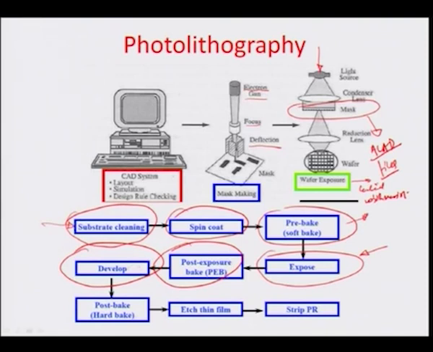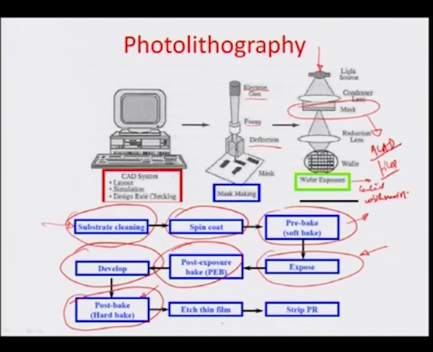And then after developing, you do another bake step, so that whatever is remaining on the surface of the wafer can get properly hardened and settled, and also the developer can get removed from different places of the wafer, and thereby you get a pattern of a certain feature or a set of features onto the surface of the resist wafer.